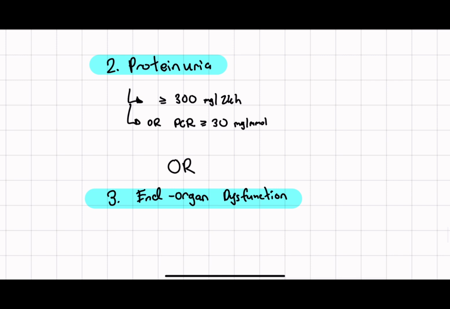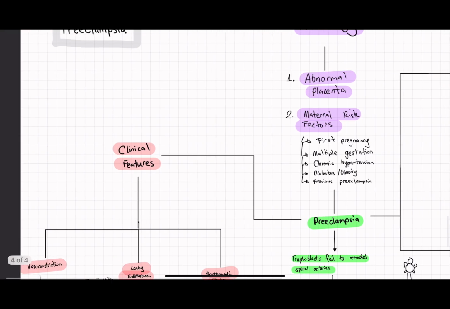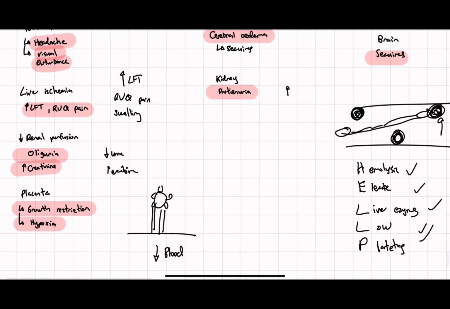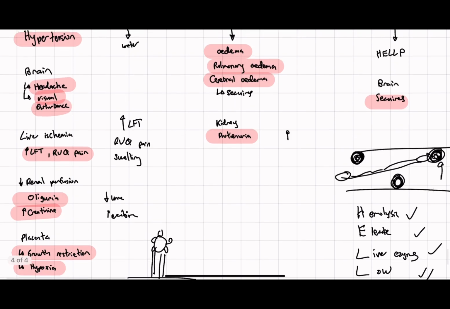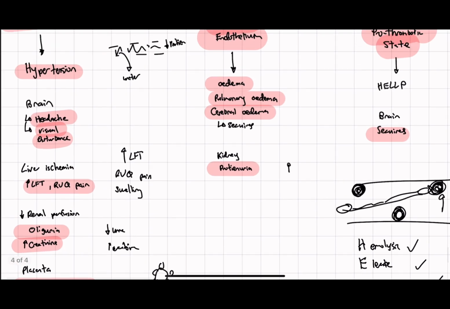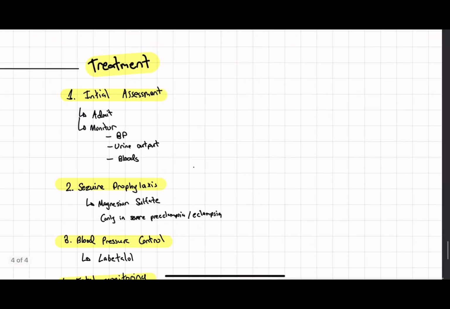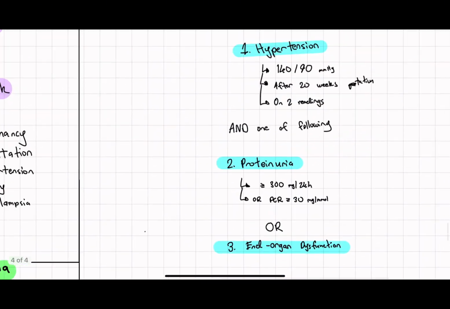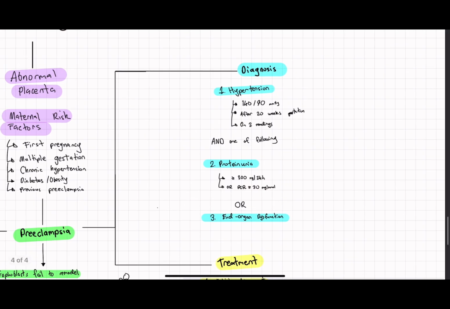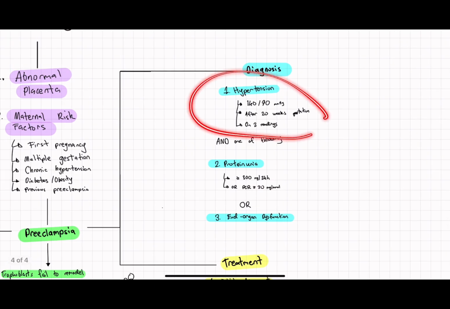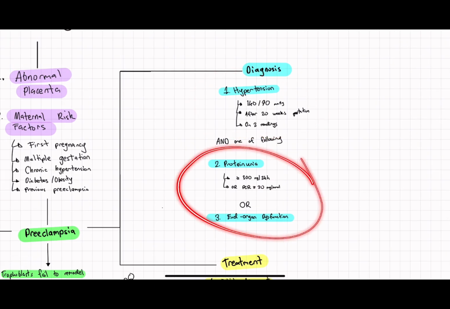Or you can have signs of end organ dysfunction, as we discussed before. So if you have oliguria, increased creatinine, headaches, visual disturbances, you can have pulmonary edema, cerebral edema. If you have signs of that, that's what classifies as a diagnosis for preeclampsia. So you definitely need hypertension and either proteinuria or end organ dysfunction signs.